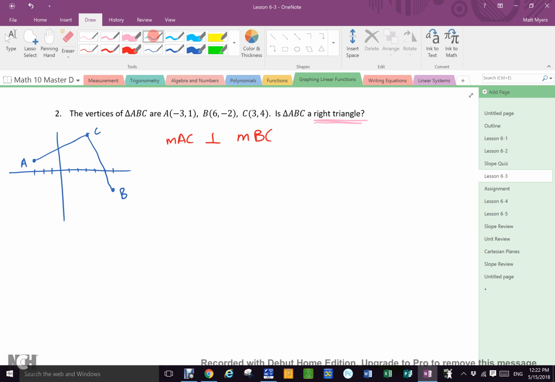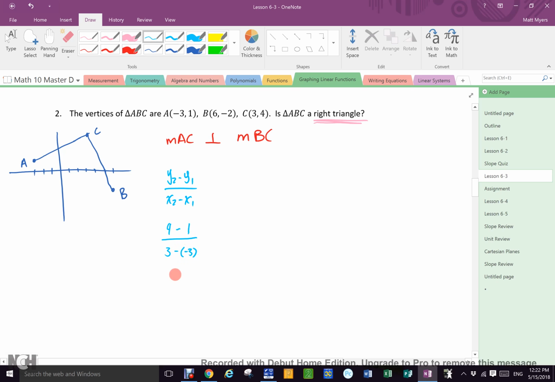How do I do the slope of AC? What is AC? 4 minus 1, over 3 minus 2.